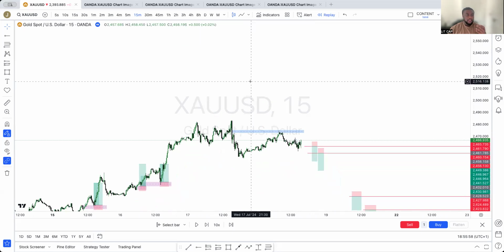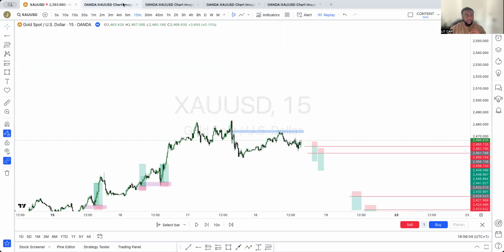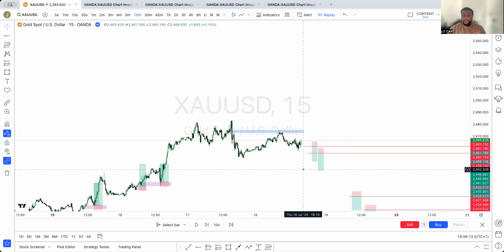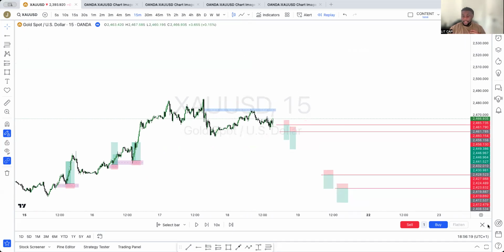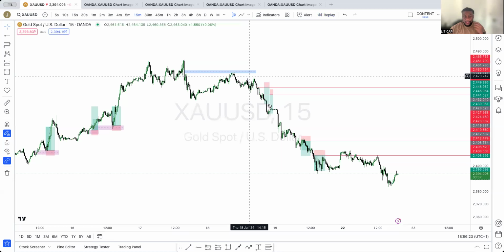So, number one, I do have some screenshots here to show you guys. So right now we are in a free flowing market. This was last week's price action, Thursday, 18th of July, where we saw gold give us that massive move to the downside. This here, guys, is an example of a free flowing market.